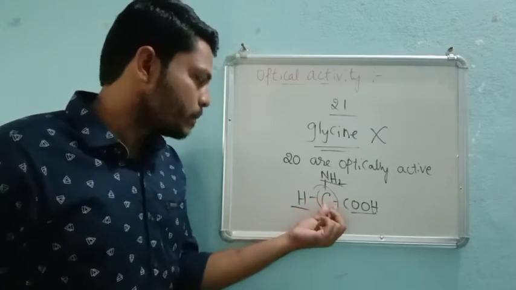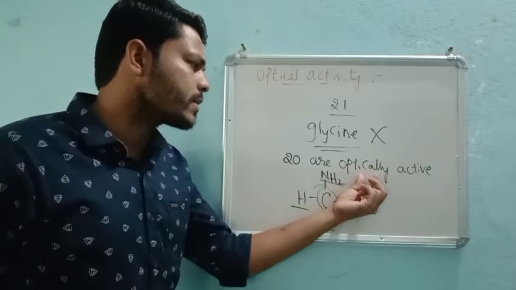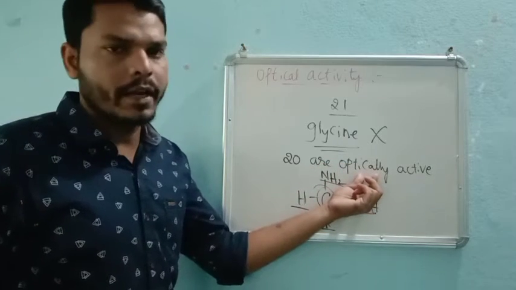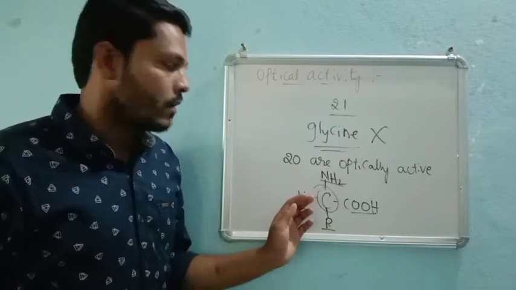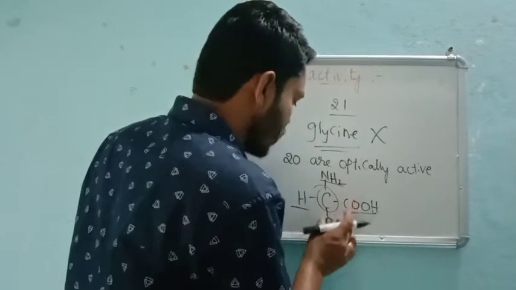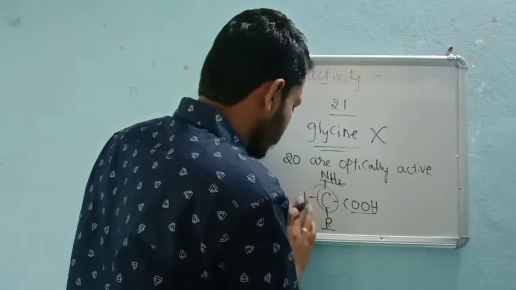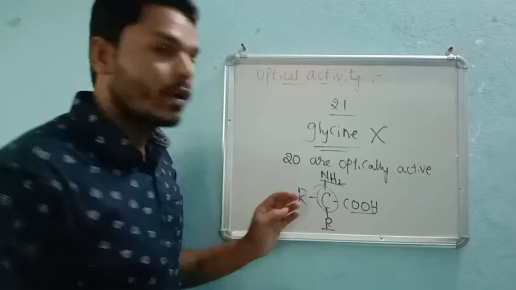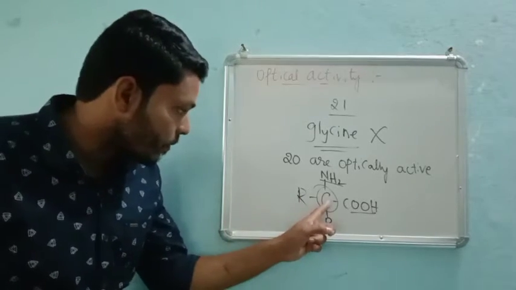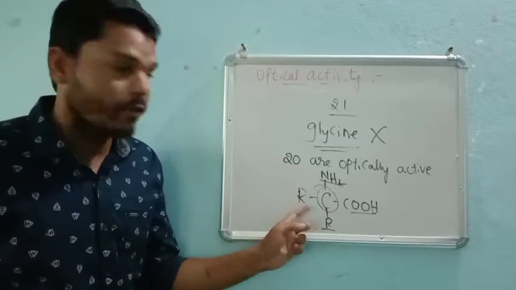So that's why each and every amino acid is having optical activity, but except glycine. In glycine, we have two H's, like this, two R groups. So that's why this glycine will not show optical activity, but others show optical activity.